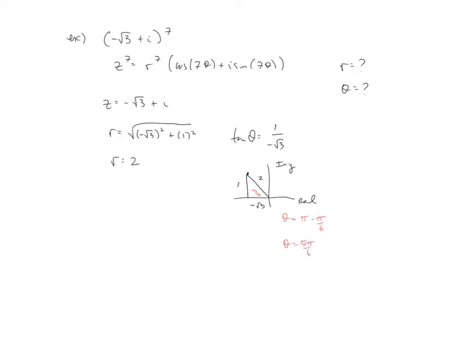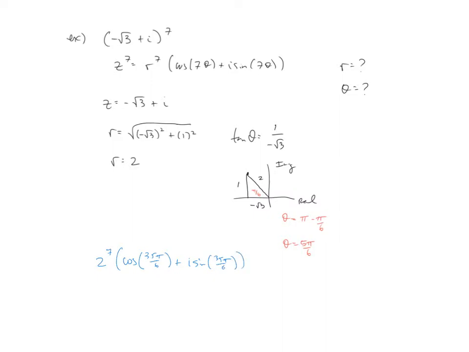So I'll take my r value, I'll take my theta value, and I'm coming right back into this right here. So let's see, we've got our r value 2 to the 7th times cosine, and when I multiply the theta by 7, I get 35 pi over 6, plus I sine 35 pi over 6.